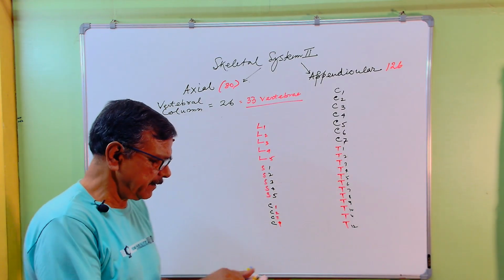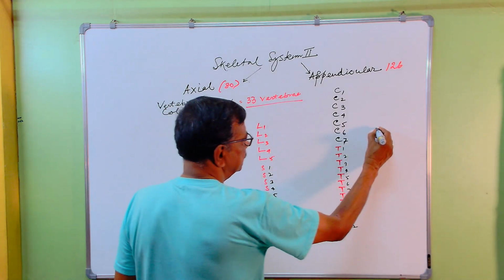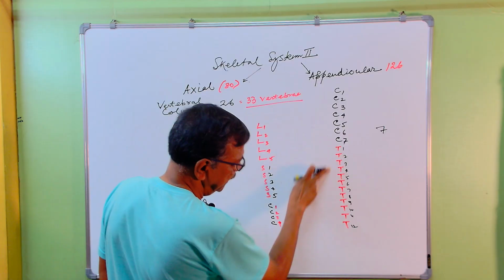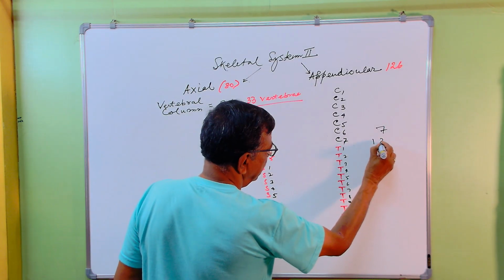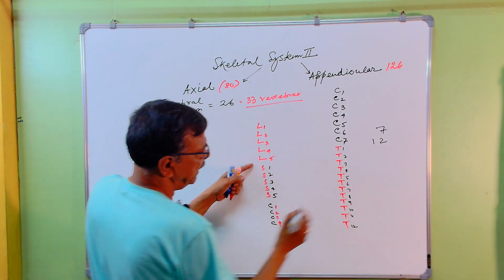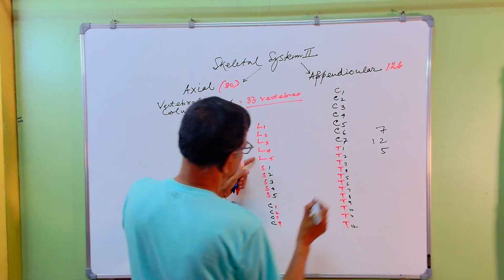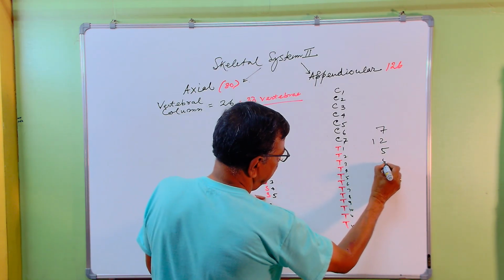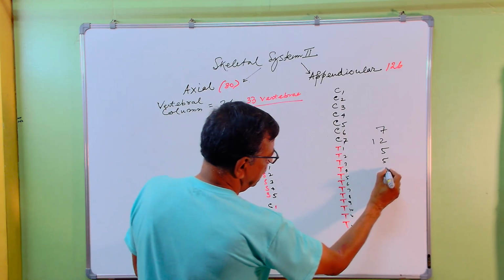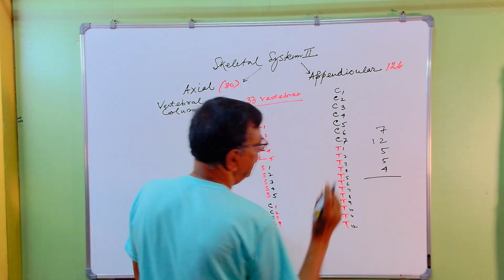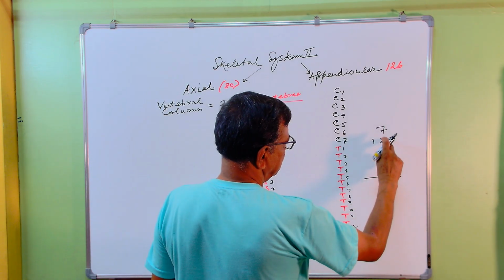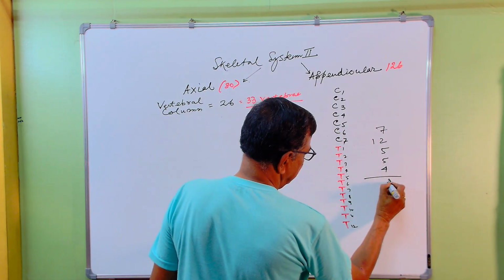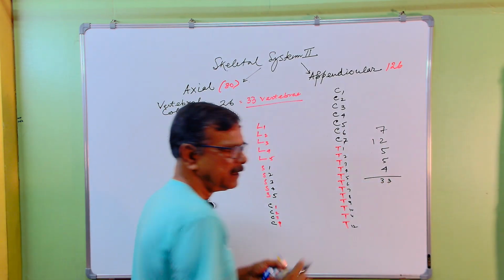Then here it is 7, then it is 12, then it is 5, then it is 5, then it is 4. It is 33 vertebrae.